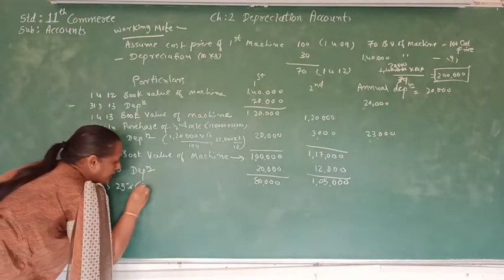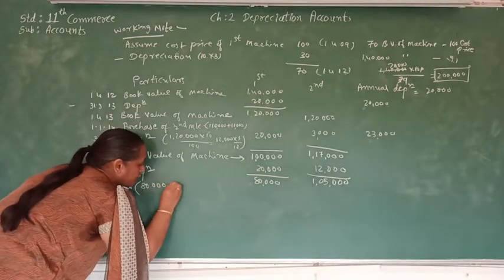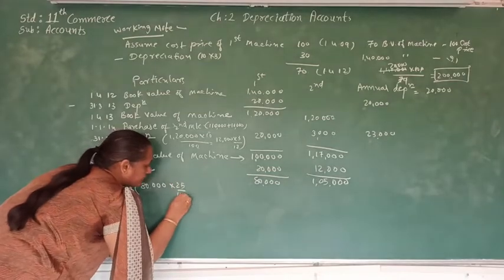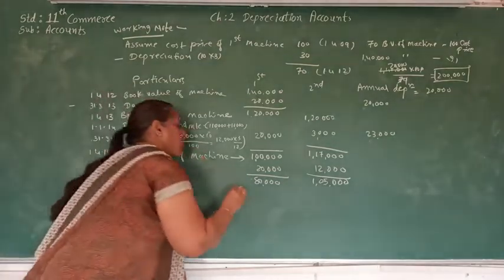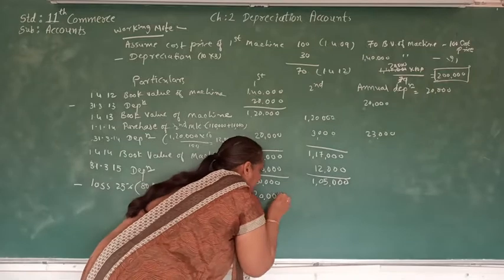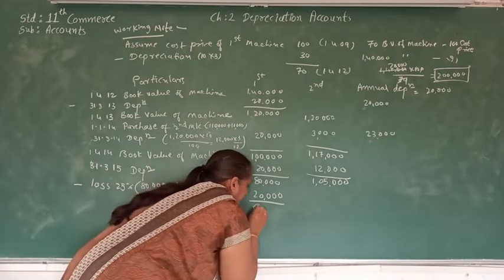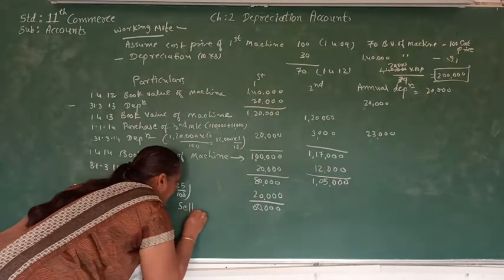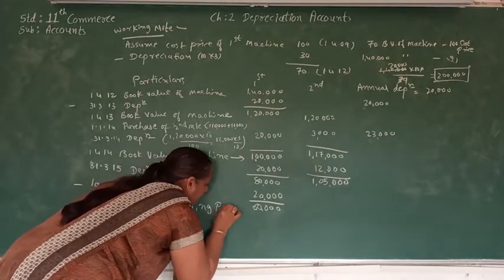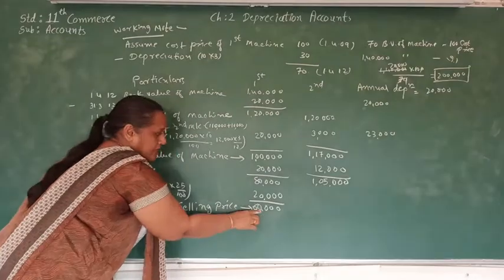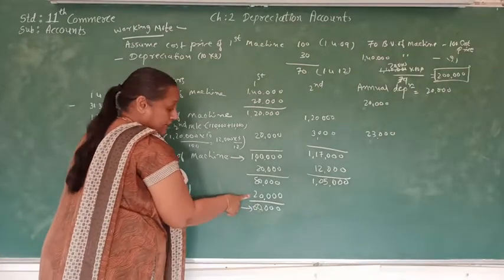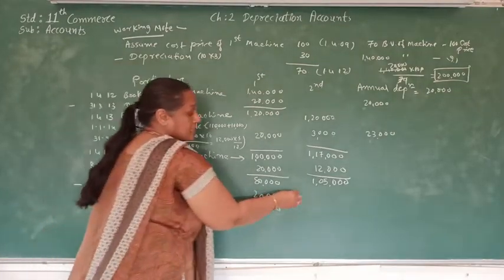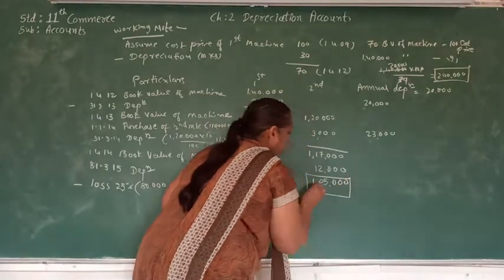That will be 80,000 into 25%, so that will be 20,000 loss. And our selling price of the machine is 60,000. This amount we are going to receive through bank, and this is the loss on sale of the machine, and this is the balance of our machine account.